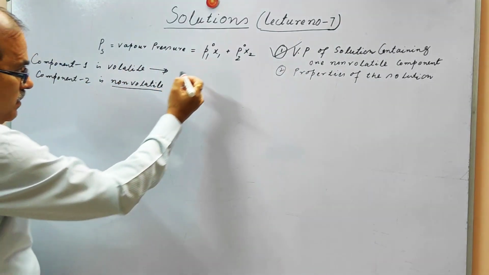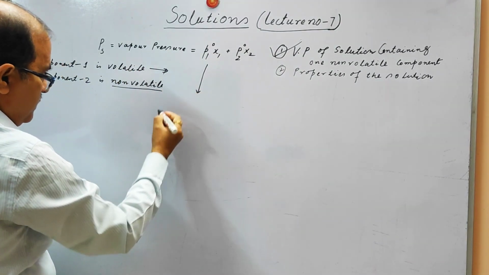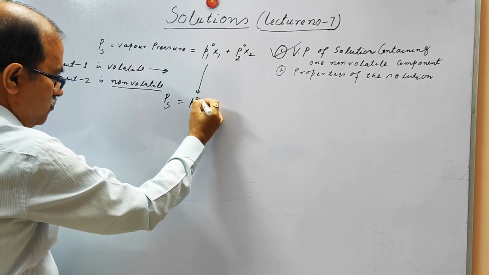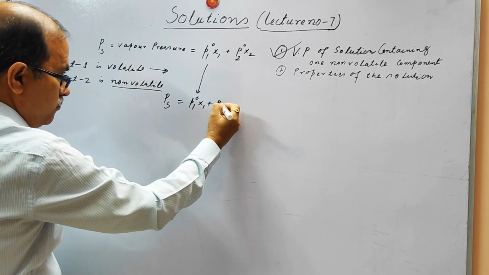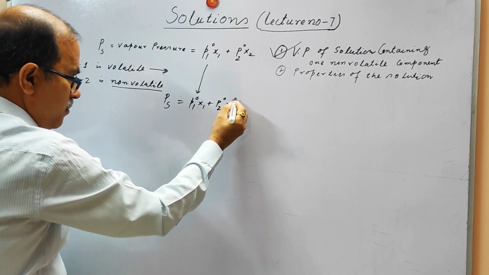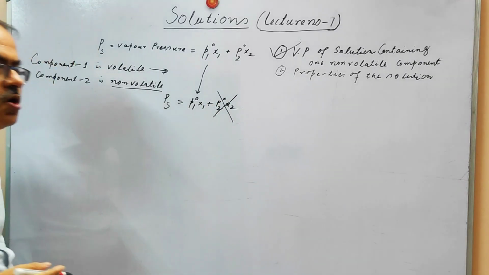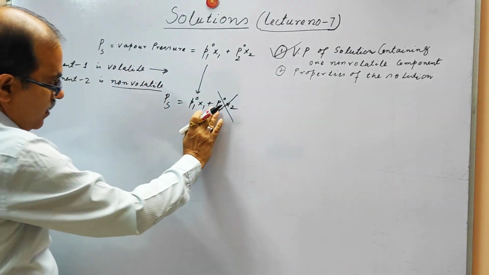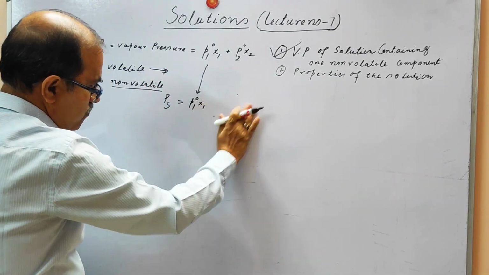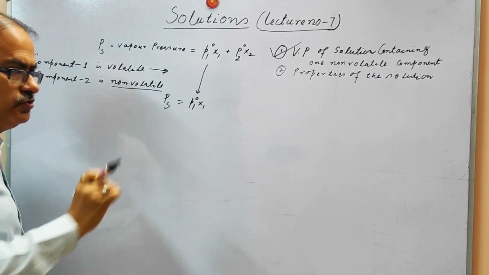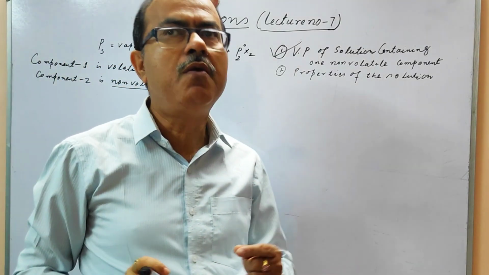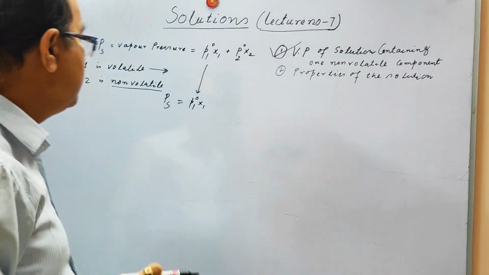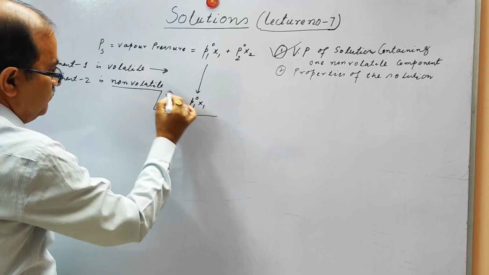So we can modify this equation: Ps is equal to P1⁰ into x1, plus P2⁰ into x2, and this second component now is not going to contribute anything towards the vapor pressure, so we can omit it. So the vapor pressure of a solution having one non-volatile and one volatile component is this.